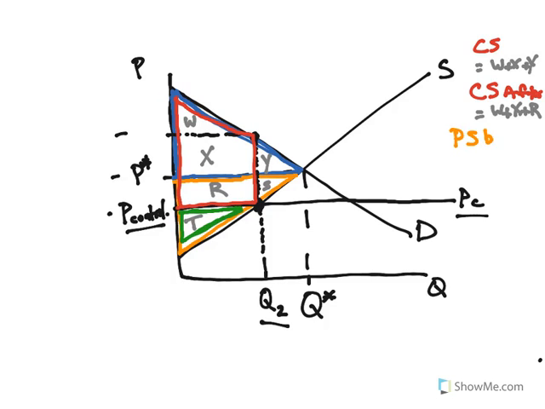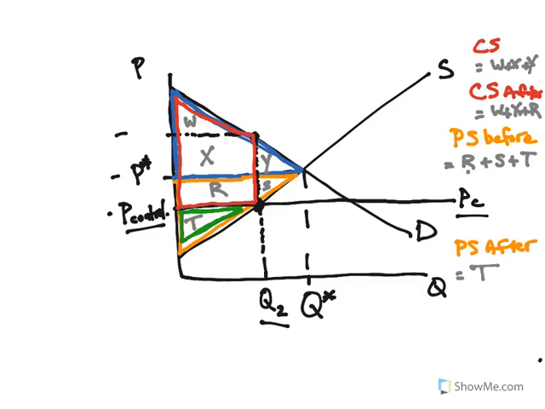Producer surplus before was R, S, and T, and producer surplus after is just T. Now the reason why we're using these letters is we could easily see what was given to consumers and what was taken away from producers.